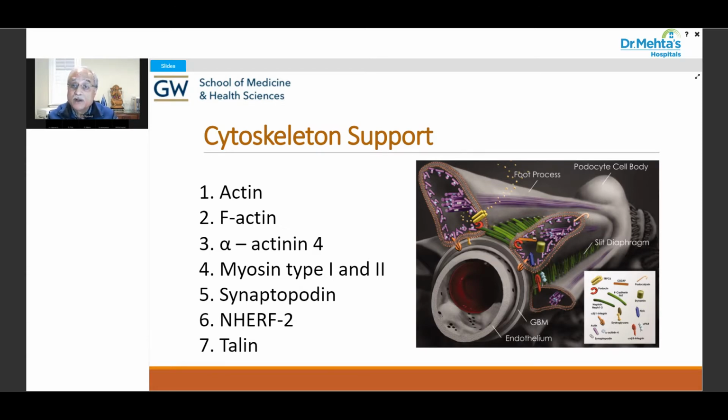These bundles are also equally important in anchoring podocytes onto the GBM. Other anchoring proteins and cytoskeletal support are listed here. Again, those molecules are not completely shown here.